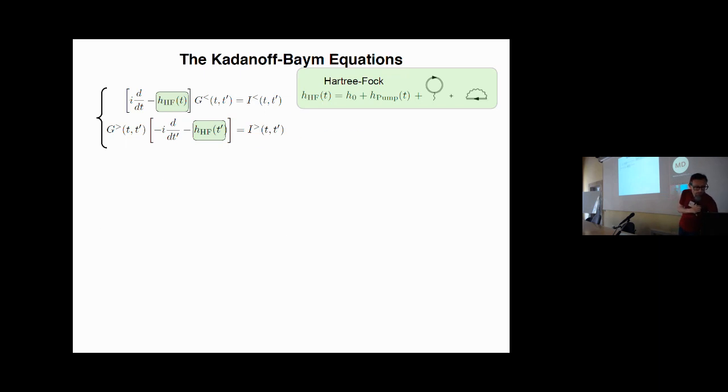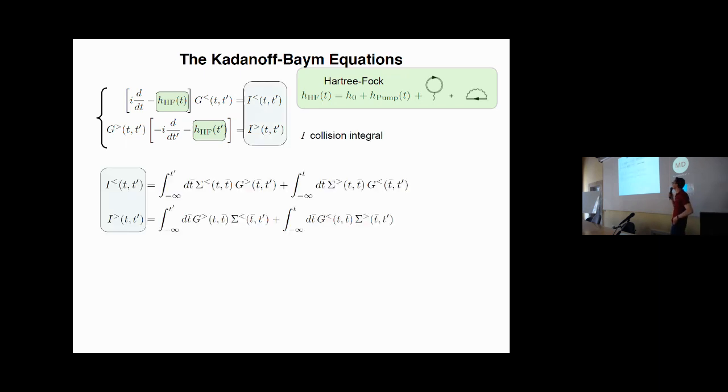Now, the difficult part comes from the right-hand side. The right-hand side is called the collision integral, and is cast in terms of the self-energy that contains all diagrams beyond the first order ones that are already contained in Hartree-Fock.